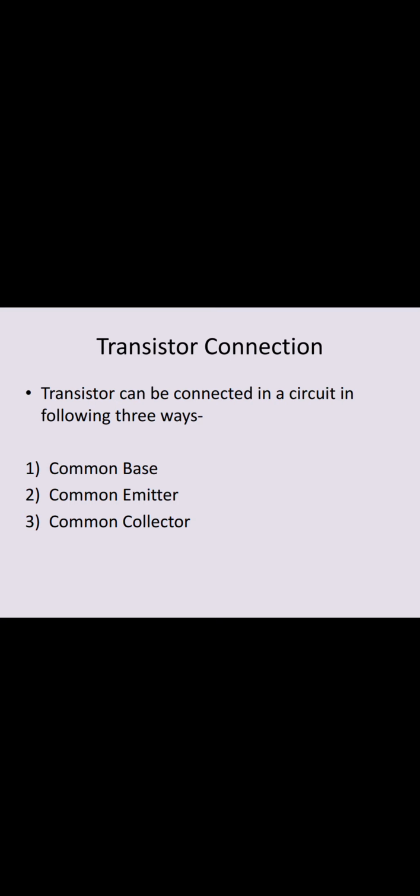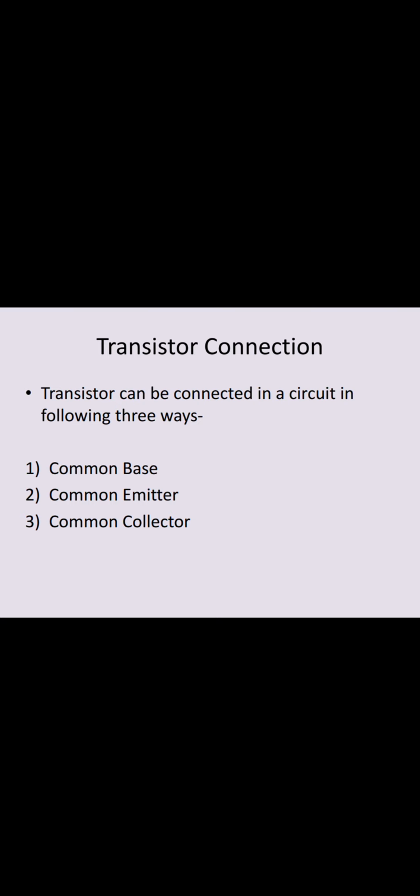Each mode shows the characteristics of the BJT. There are different characteristics for different modes. Characteristics are nothing but the graphical form of the relationships among the different current and voltage variables of the transistors.